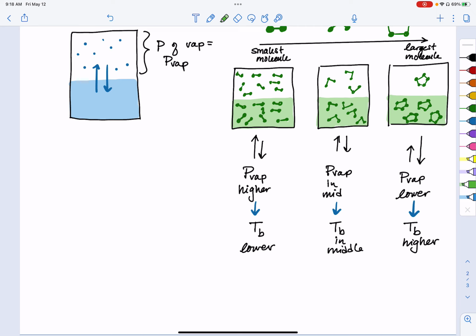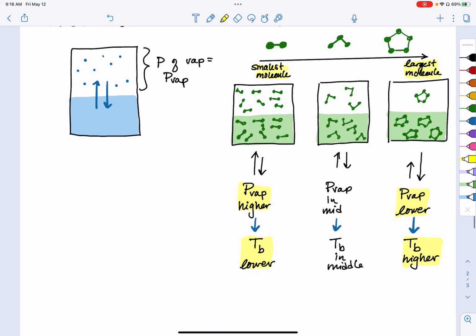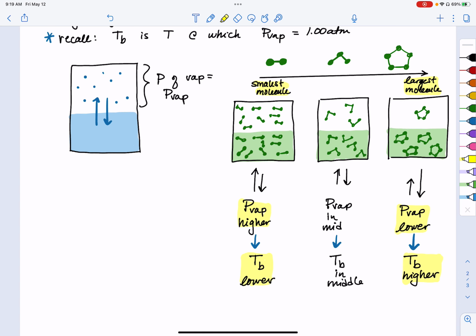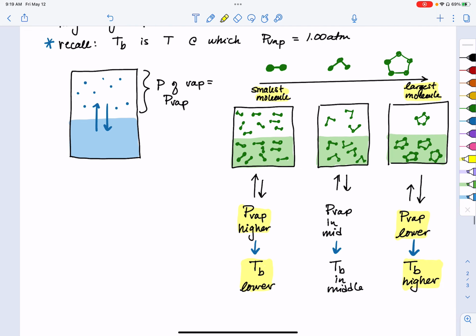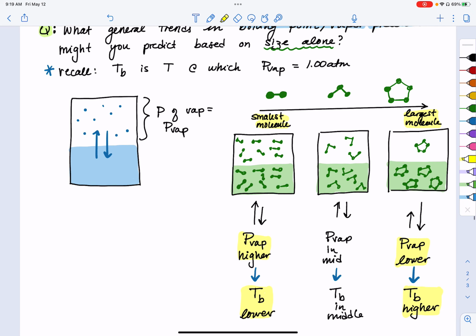Okay, so there is a correlation that exists between size alone, vapor pressure, and temperature. Now, why is it that I've specified this question as size alone? So this kind of analysis of the relationship between boiling point, vapor pressure, and molecular size is something that we might have done before we understood what was going on with intermolecular forces.